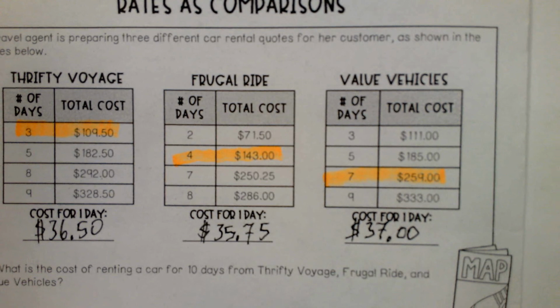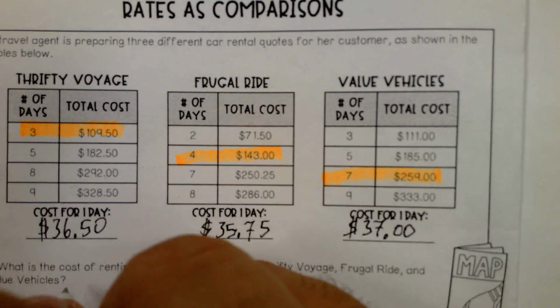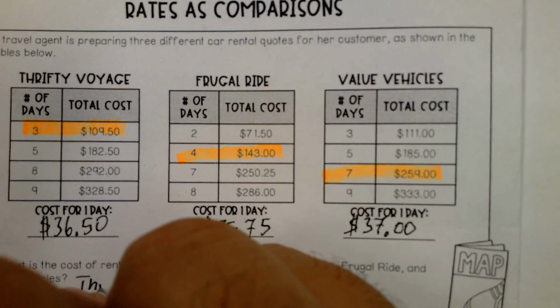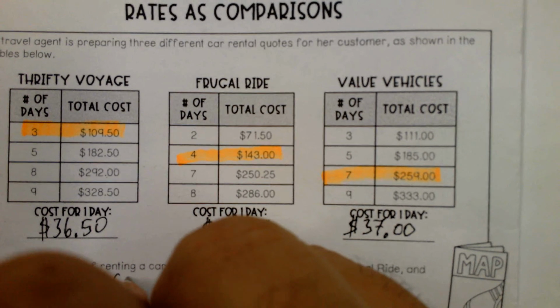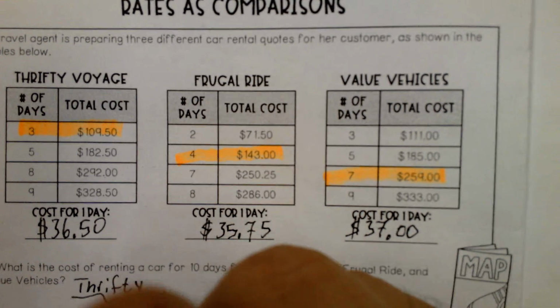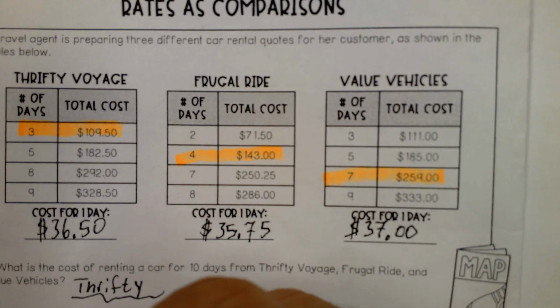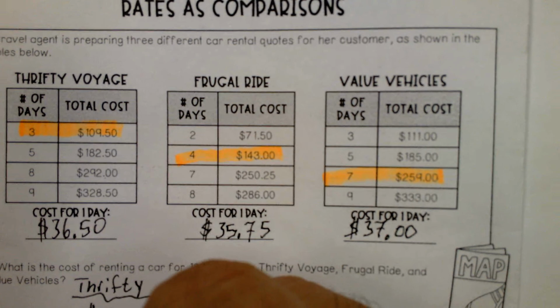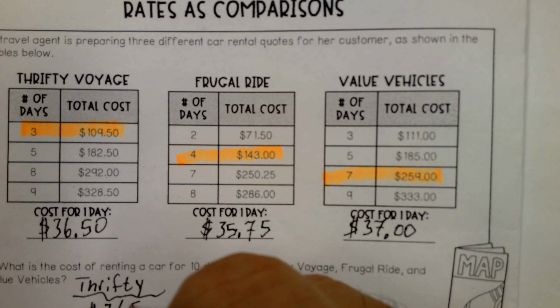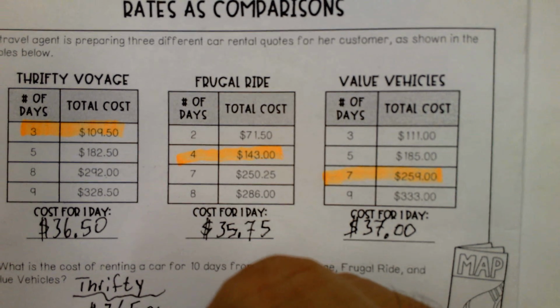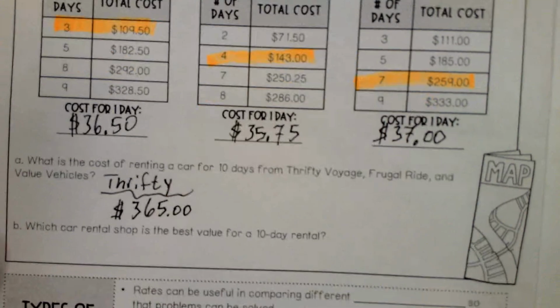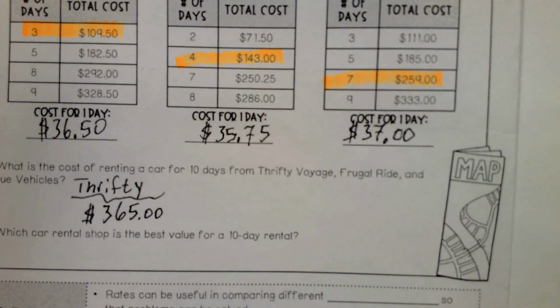And so let's see, for Thrifty, that would make it $365. I'm kind of a stickler. I always put 0 cents.